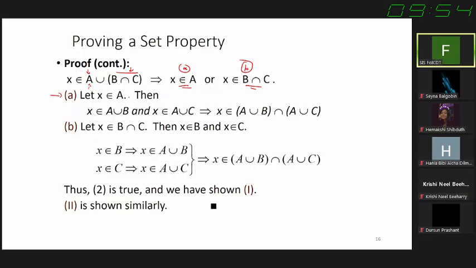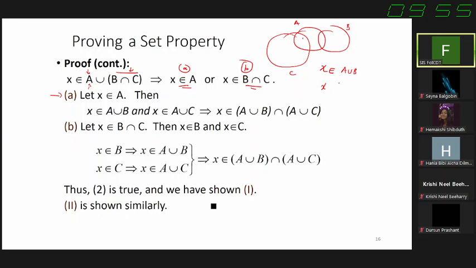For case A, let X be an element of the set A. Then if X is an element of A, X is also an element of A union B. If it's found in A, it's going to also be found in A union B. And A is also connected, for example, to C, though I'm not drawing the exact diagram.